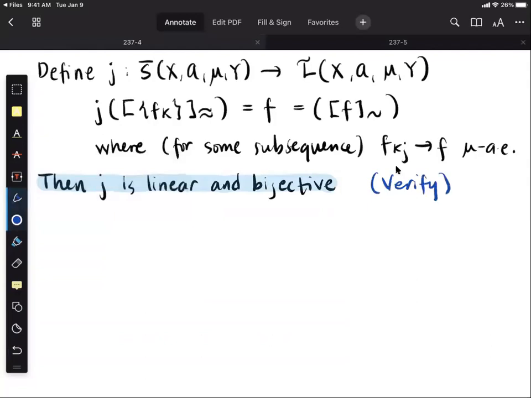You could refer to the lecture notes for the verification of this statement.